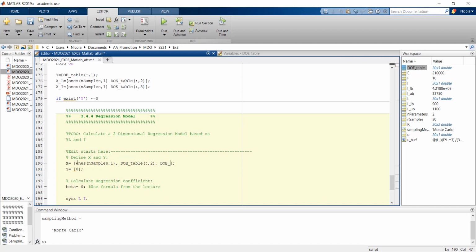And then we need I, which is in the third column of our DOE table. Y is the vector of the system responses, which in this case is in the first column of our DOE table.